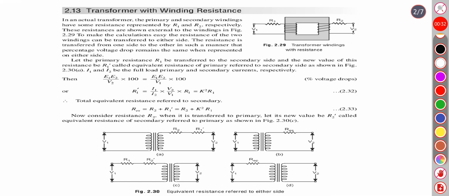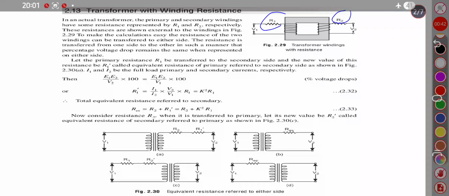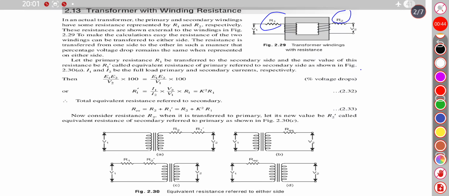In an actual transformer, the primary and secondary windings have some resistance represented by R1 and R2 respectively. These resistances are shown external to the winding in the figure.